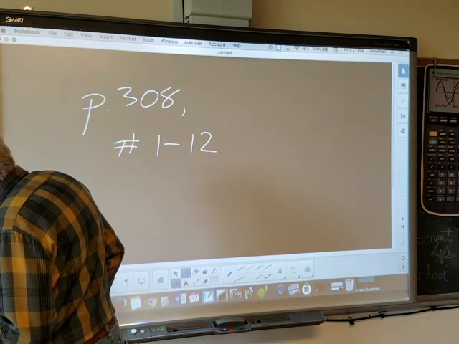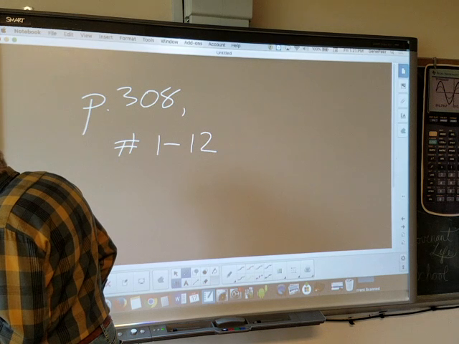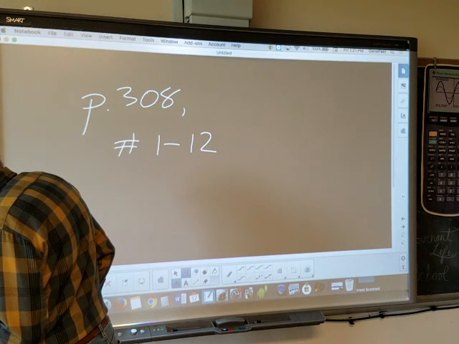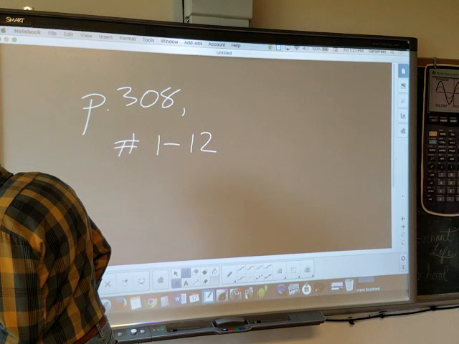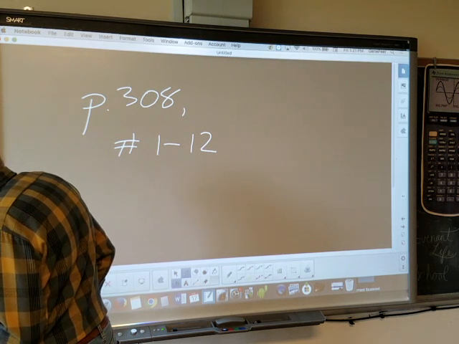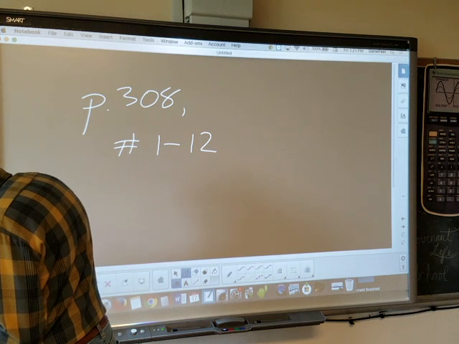Yes, and that includes the last ones. The last 6 of these are where they give you the sides, and you've got to figure out the angle measures. Follow the rules, you'll be fine.